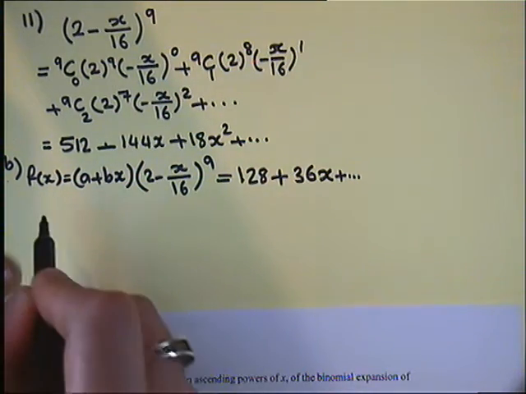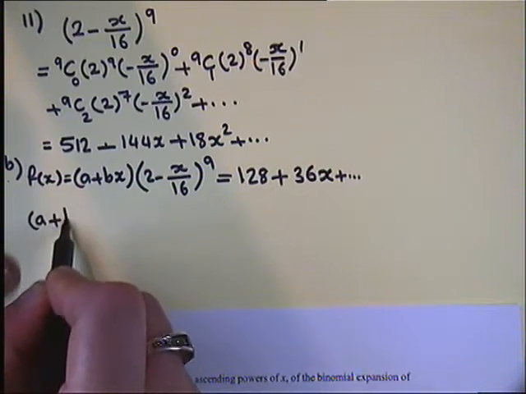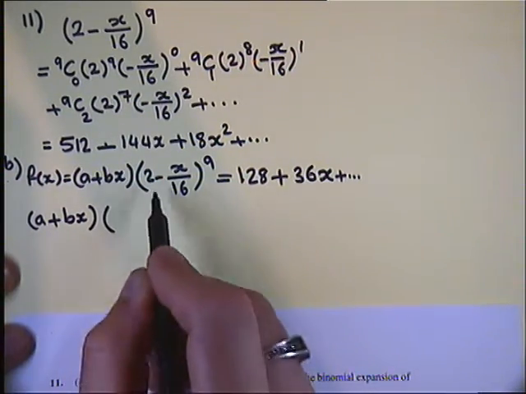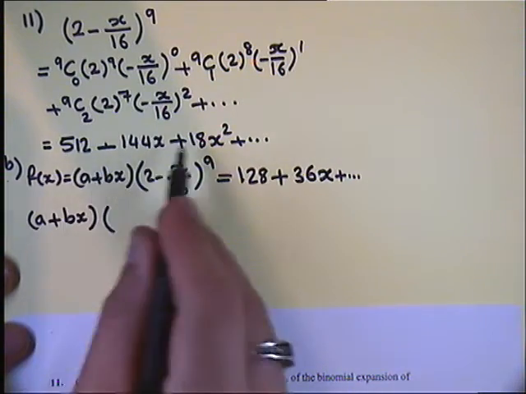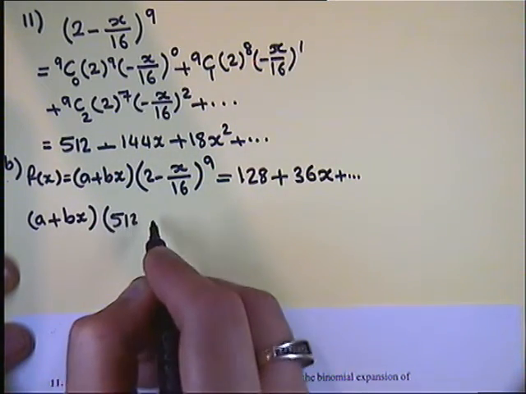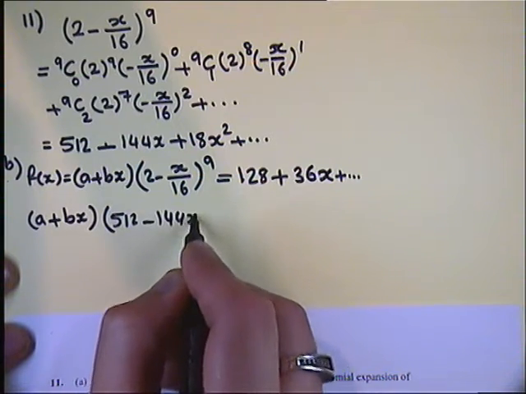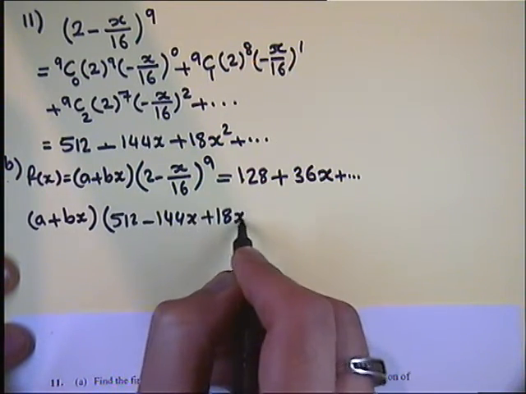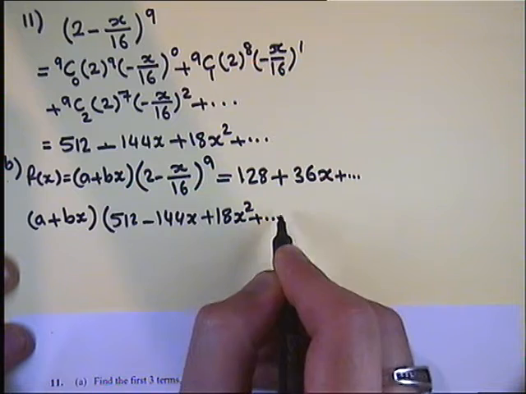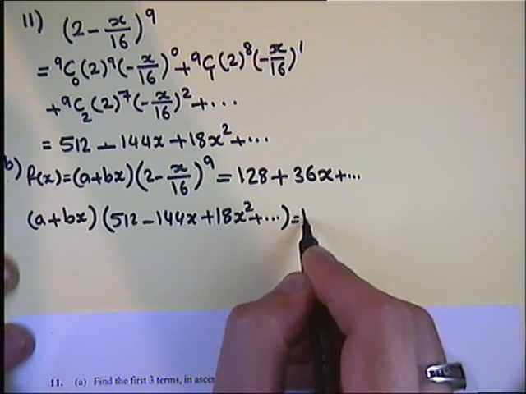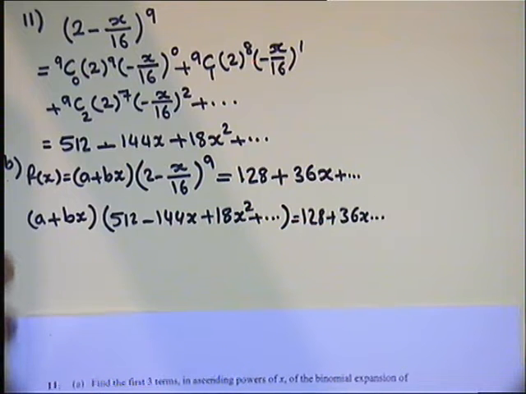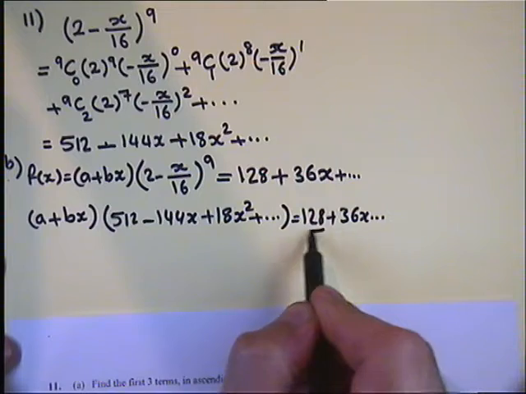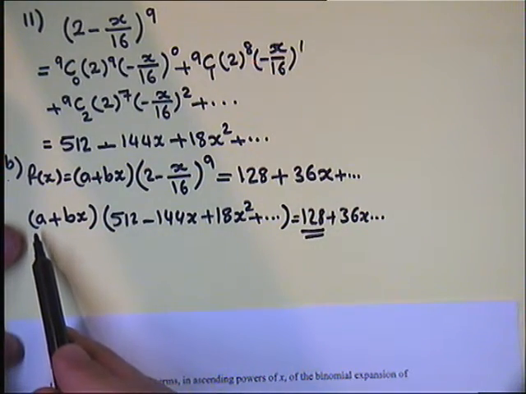So let's expand this one. (A plus bx) times (2 minus x over 16) up to 3 terms is already here, which we worked out: 512 minus 144x add 18x squared, which is equal to 128 plus 36x and so on. Okay, so let's expand it. To get the first term, all we need to do is multiply the constants.